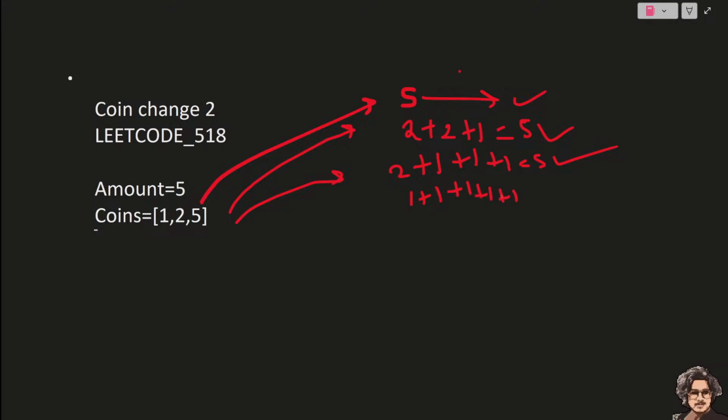So in this we can see that in 4 ways we can achieve this amount. Okay, how can we do it?